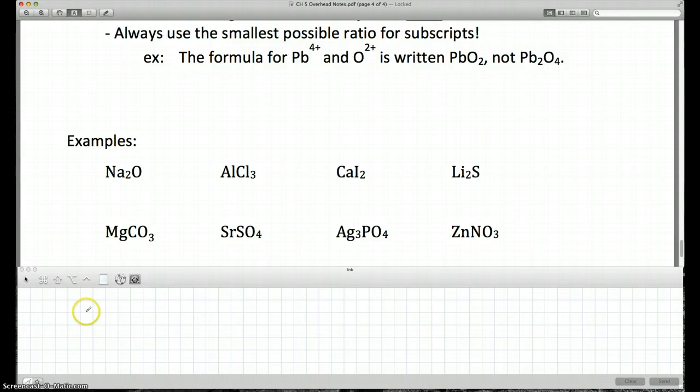We have Na2O. Well, Na2O, that's the formula. And just like before, with the names and the formulas, you always write the positive one first. So the name is going to be in the exact same order. Sodium is a positive, oxygen is a negative. So Na is sodium. And again, this is Na2O.